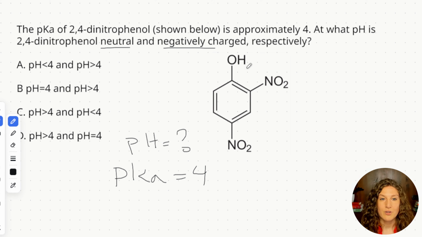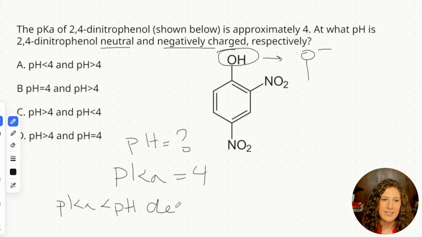So if we look at dinitrophenol, where it's going to deprotonate, where it's going to donate a proton is this hydroxy group. So that hydroxy group is going to become O-. So they're asking, when would we be neutral and when would we be deprotonated? So let's remember our rule. If pKa is less than pH, we're going to be deprotonated.